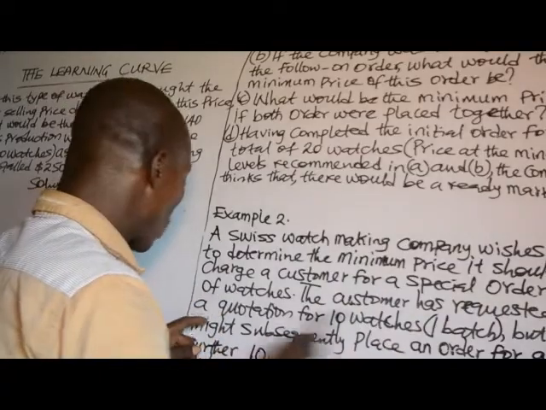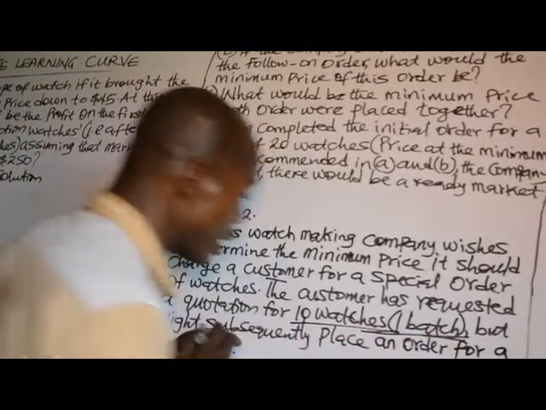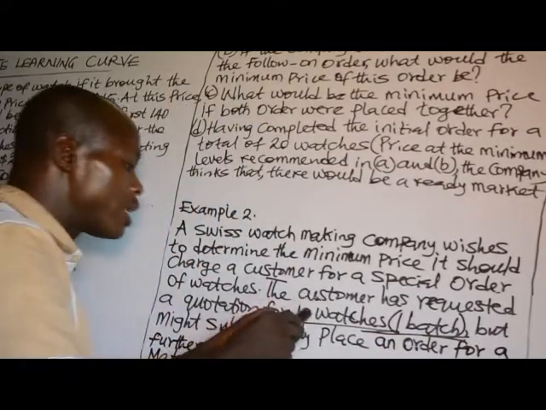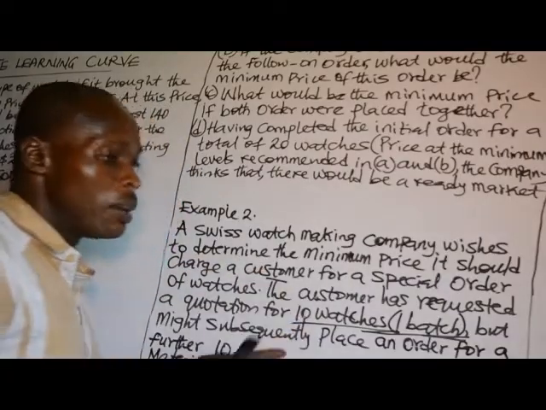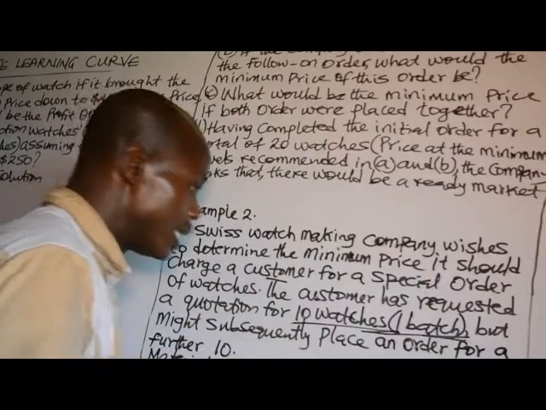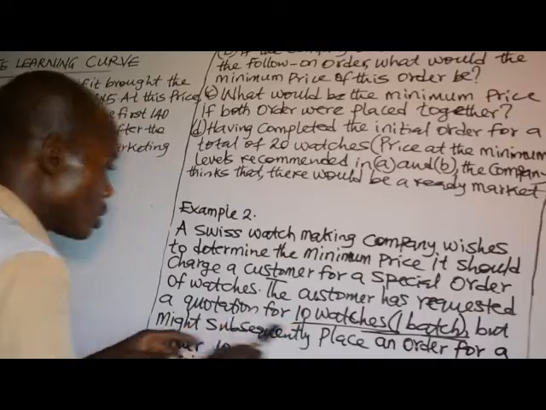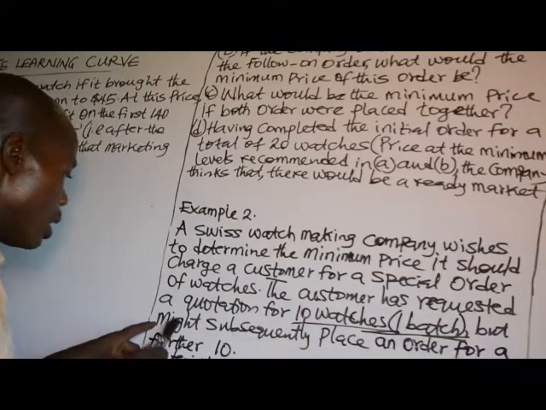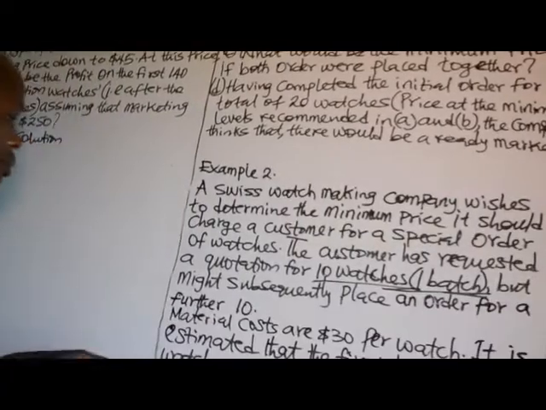The customer has requested a quotation for 10 watches. This is the initial order. At this order of 10, the company is still learning. The customer might subsequently place an order for a further 10.